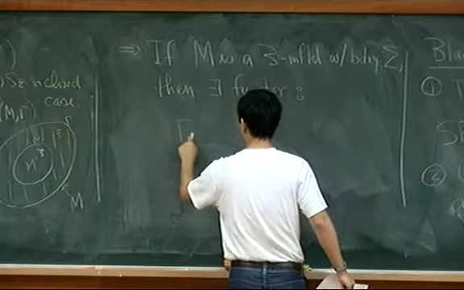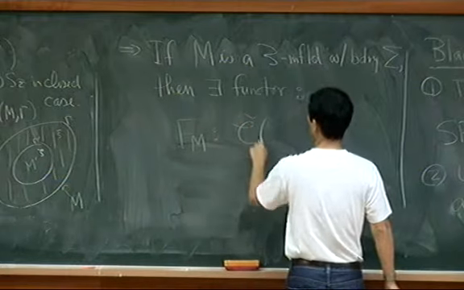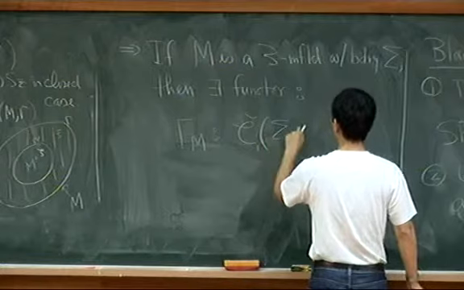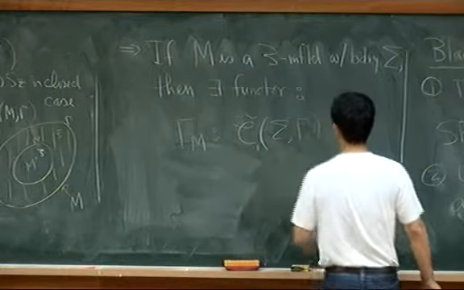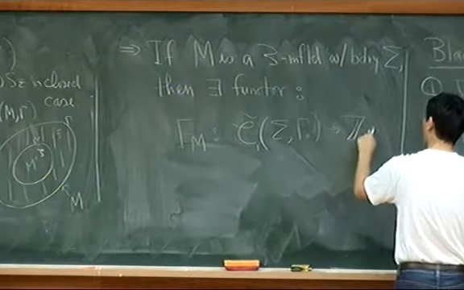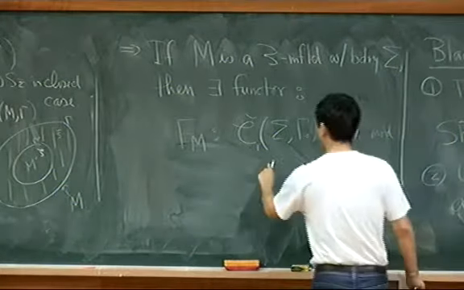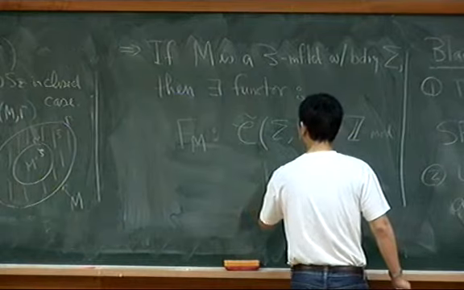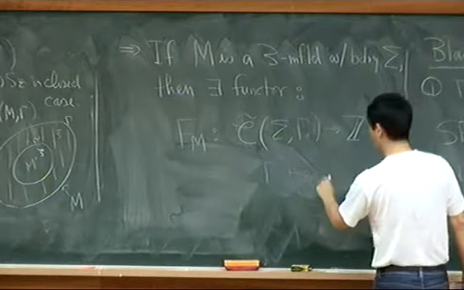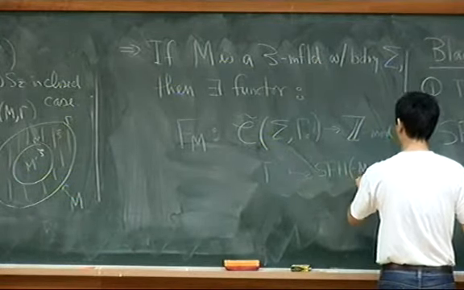Let's say F sub M, which takes you from C tilde of, let's say, sigma comma some sort of reasonable dividing set, to the category of Z modules, which sends gamma to, well, what's the only thing you can possibly send it? SFH of minus M minus gamma.